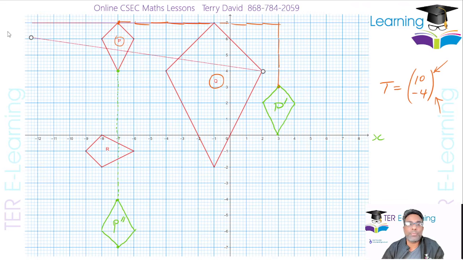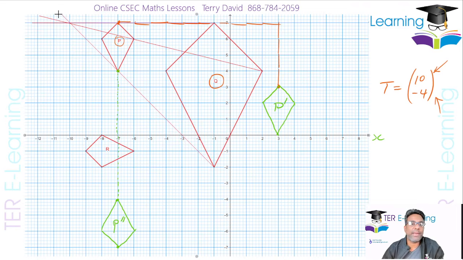It doesn't matter which points you use. And I'm going to pass this through the corresponding point on P. So that's there. I can do it more than once if I'm not sure. Basically, when I join the corresponding vertices, they should all pass through the same point.